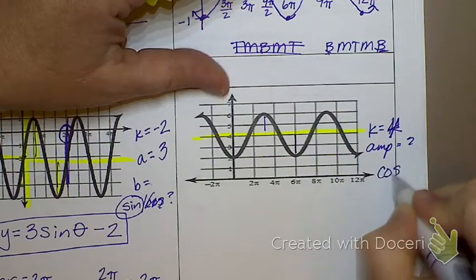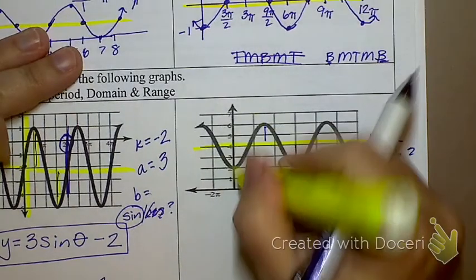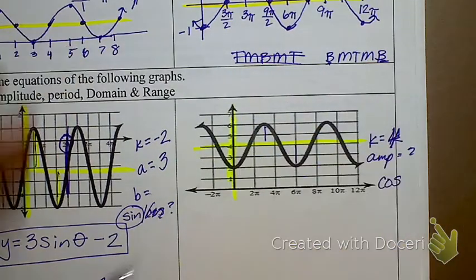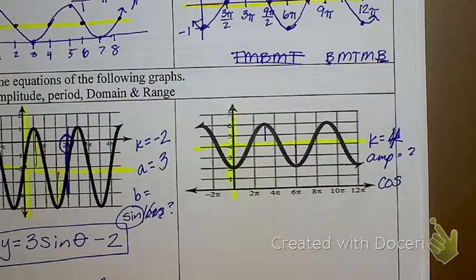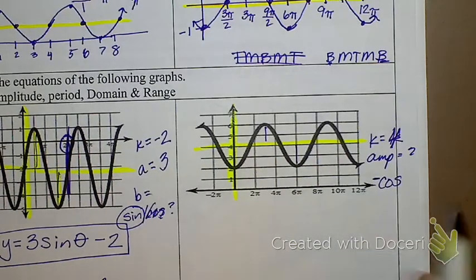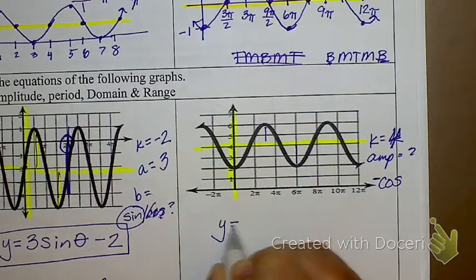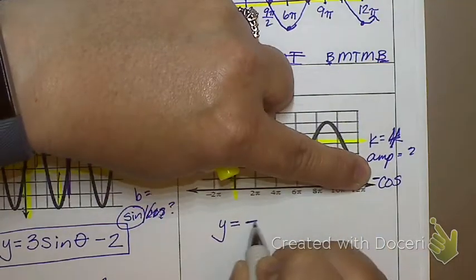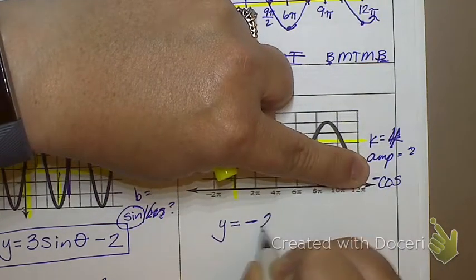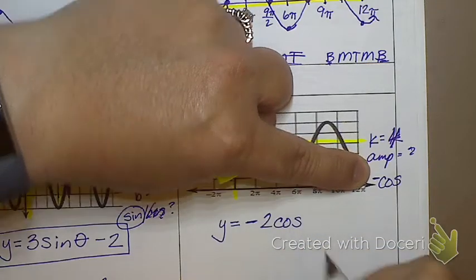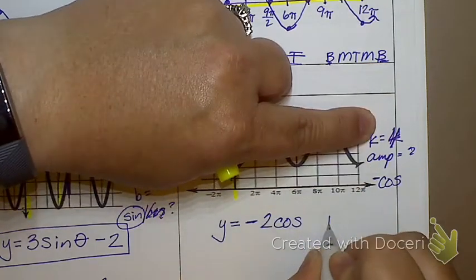How do you know? Because here at my y-axis, it's not starting in the middle. It's actually starting at the bottom, though. So what does that mean? It's not just cosine, it's negative cosine. So my equation is going to start off with y equals negative 2 cosine something theta plus 4.